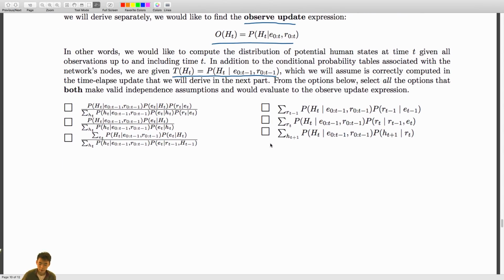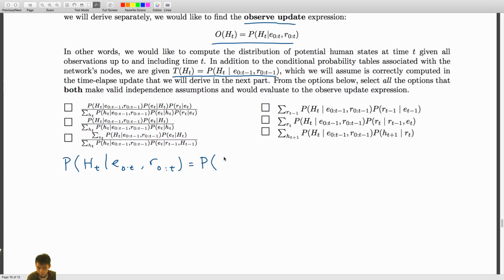Okay, so let's get started. The distribution over the current human action conditioned on the current evidence and the current robot actions. We'll be splitting that into the current action and the current observation and all the past evidence and past robot actions.